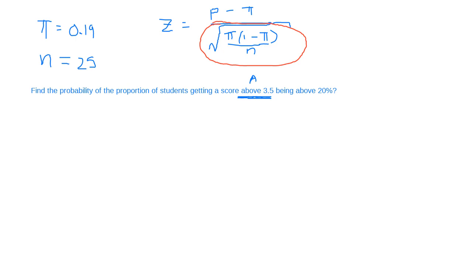We want to know the chance of the proportion being more than 20%. If you're talking about chances, we're talking about probability. Does that make sense, people? P is proportion. It's a small p, not the capital P. Is that clear? I just want to make sure that you understood what I said.